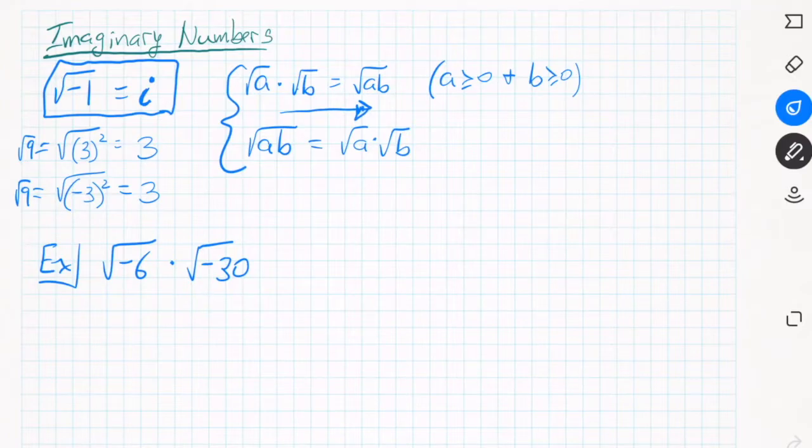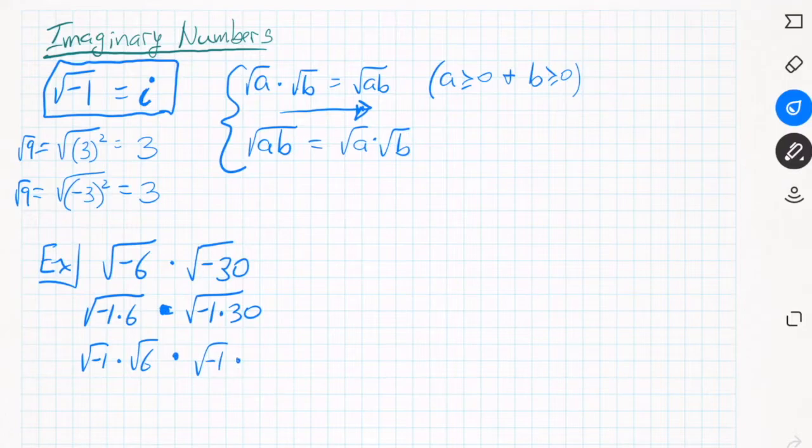So we're going to have to separate these as negative 1 times 6 and negative 1 times 30, at least mentally in your head, the step you might not want to write out. So this becomes the square root of negative 1 times the square root of 6 times the square root of negative 1 times the square root of 30.